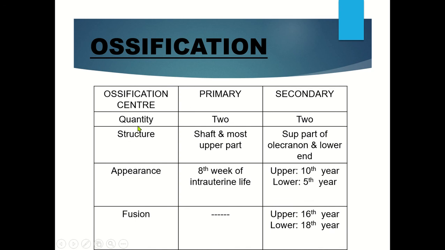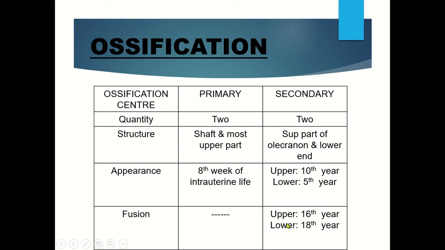On the ossification, we see that there are two primary and two secondary centers. The primary centers are present on the shaft and the upper part and the superficial part of the olecranon and lower end. They appear at the 8th week of intrauterine life. The secondary ossification centers: the upper appears at the 10th year and the lower appears at the 5th year.